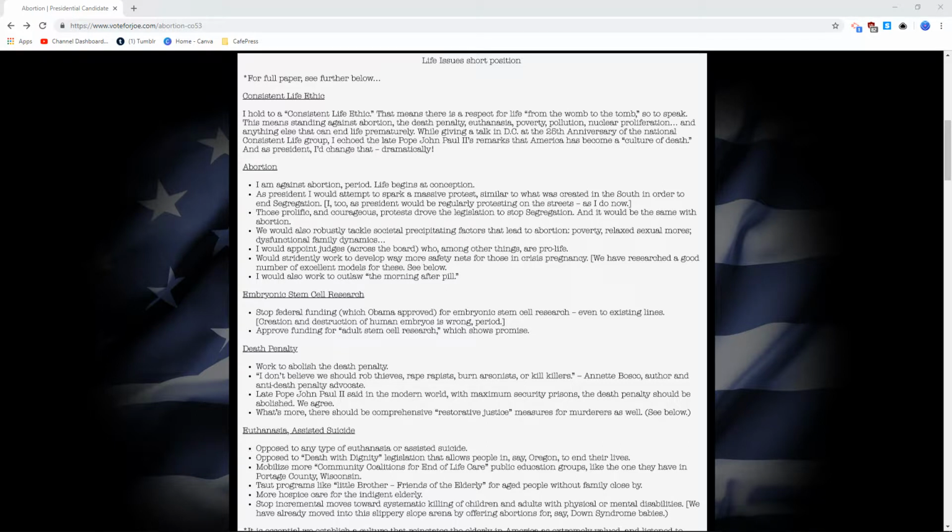Now, Joe does seem to be a consistent life ethic kind of candidate. He even says so right at the top of this short position paper. It's actually a very long paper, or the full paper is much longer. So if you want to go to his website and read his full paper, it's there. I'm not going to go through the whole thing because a lot of it is pretty much what we would expect at this point from what we've seen from him.